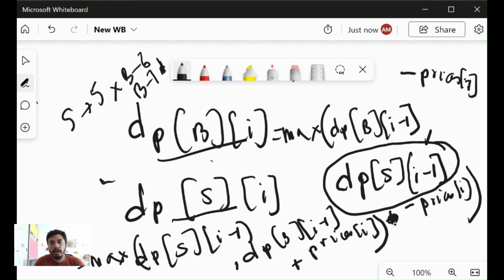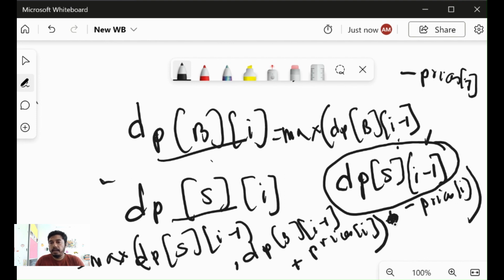So if you add this constraint to the recurrence relation, how does this recurrence relation modify itself? If you see this recurrence relation for dpb of i, you can see that my dpb of i uses this value dps of i minus 1. So it says that the sell activity I have done till day i minus 1.